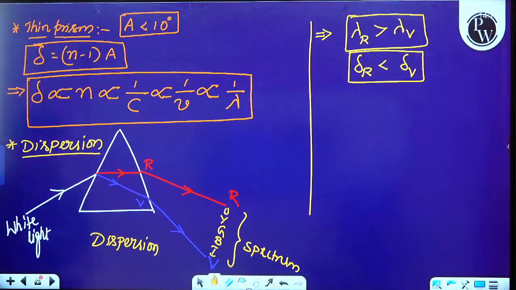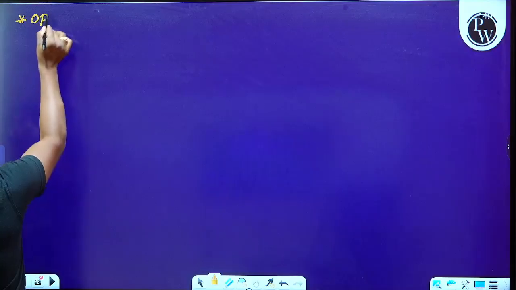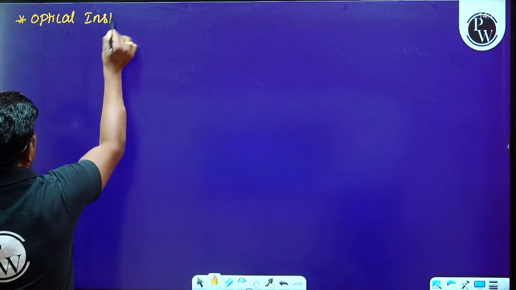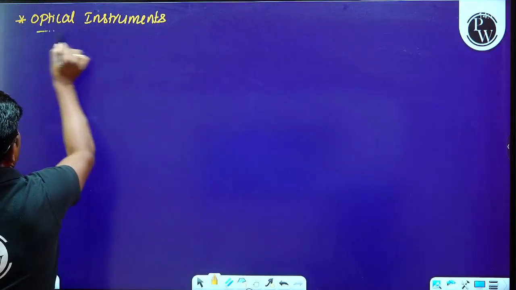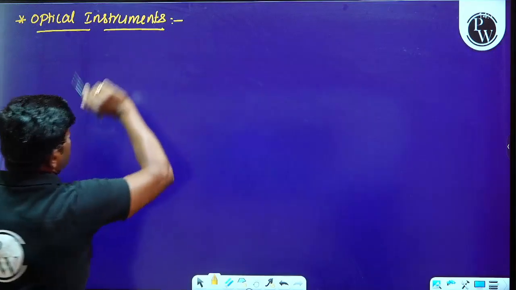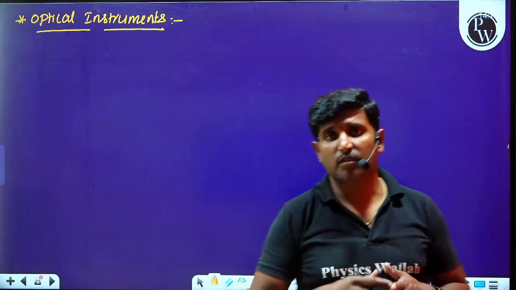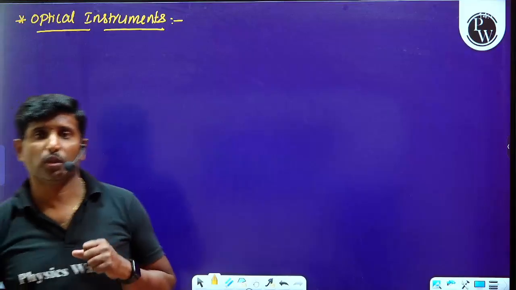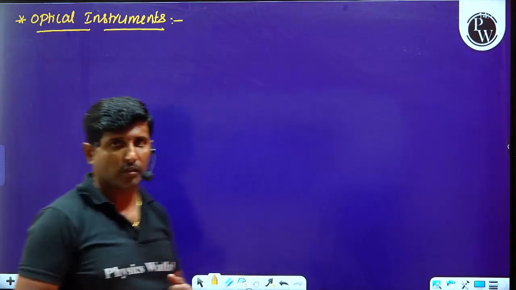Now let us move on to the last concept of this particular chapter, that is optical instruments. What are these optical instruments? Optical instruments are nothing but the devices which are used to observe the objects which cannot be seen with our naked eye.